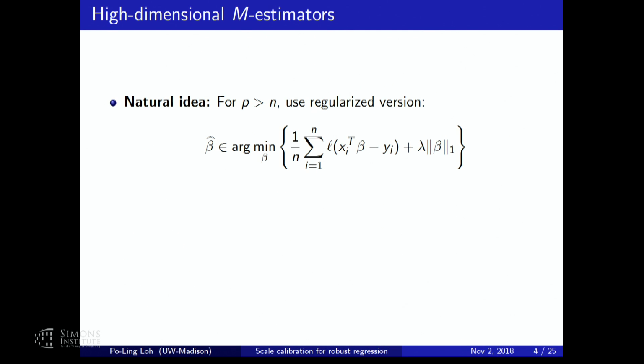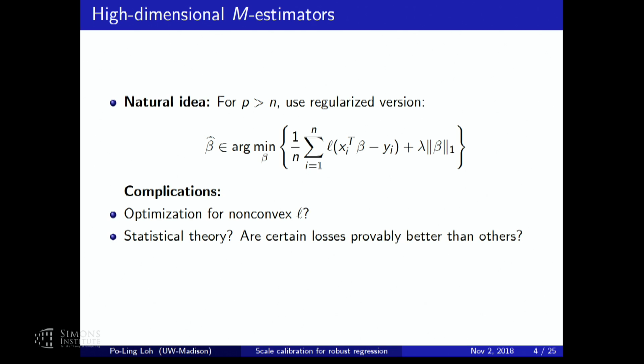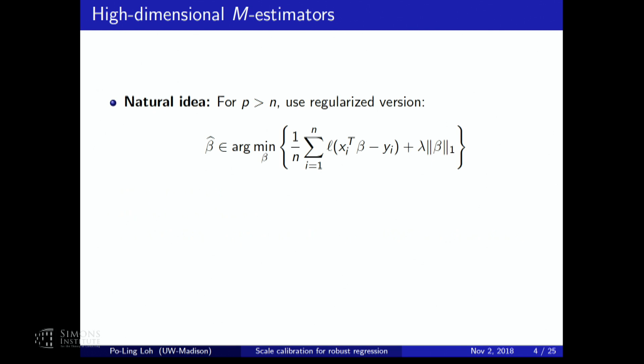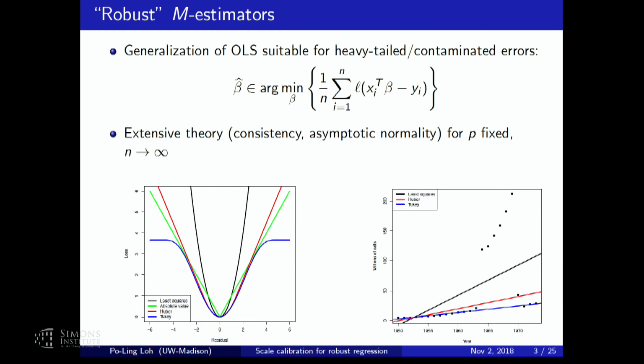Okay. Right, so what we want to do is, in high dimensions, we want to analyze this particular objective function. So the questions that we might ask are, well, first of all, if we actually want to look at a non-convex loss function. So these types of non-convex loss functions in the literature are called redescending M-estimators. So the idea is that if you plot the derivative of this blue curve, then the derivative will descend down to 0.